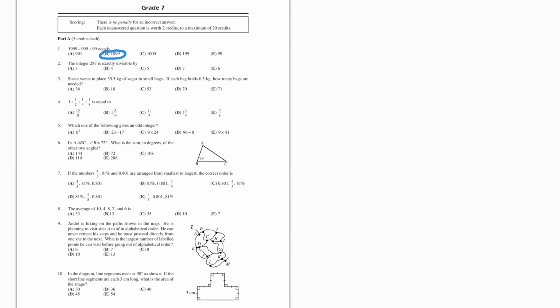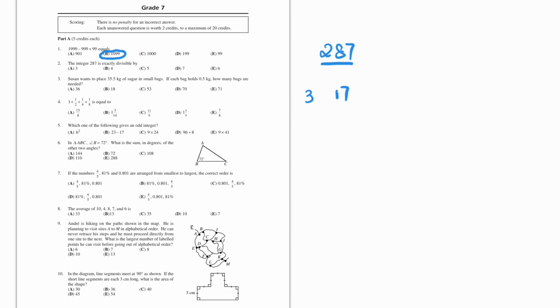Number 2, the integer 287 is exactly divisible by? Choice A is 3. The divisibility rule for 3 says the sum of the digits must be divisible by 3, but the sum of the digits of 287 is 17, not divisible by 3.